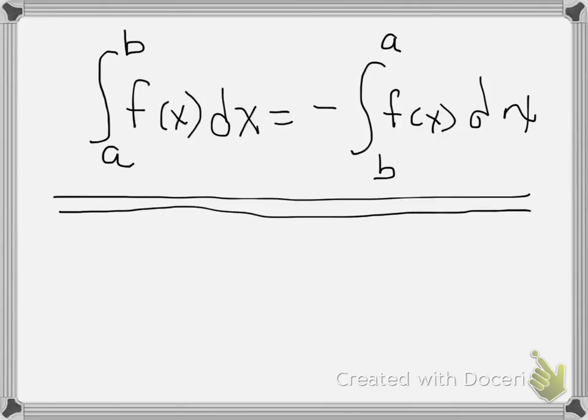Okay. Now, our next little idea. Let's say that we had an integral that went from 2 to x, and it was something like t plus 3 dt.